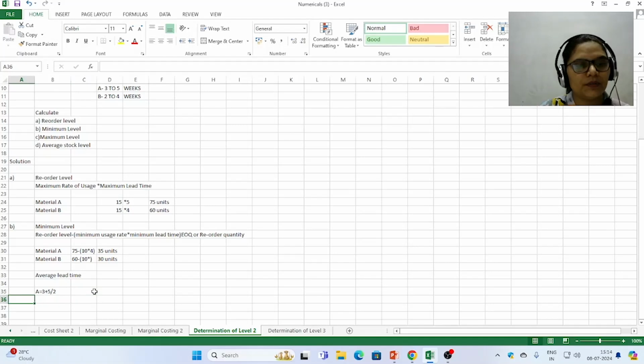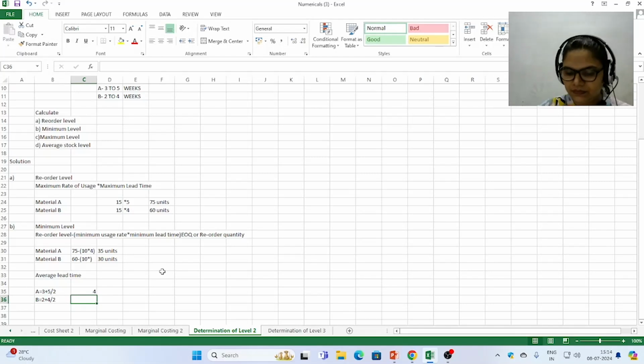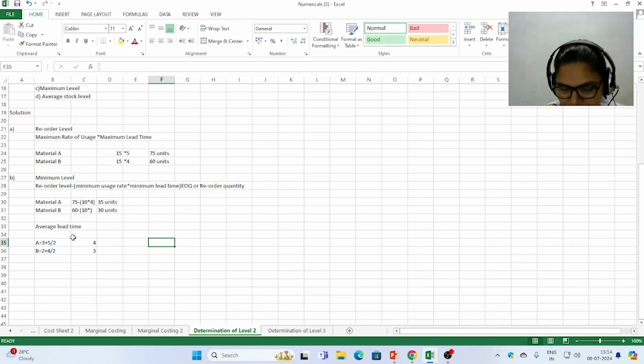And for material B, average lead time is 2 plus 4 divided by 2. It will give you 3. This is your average lead time.